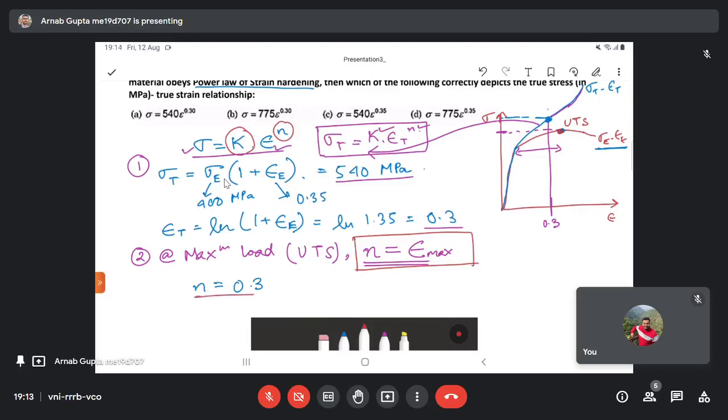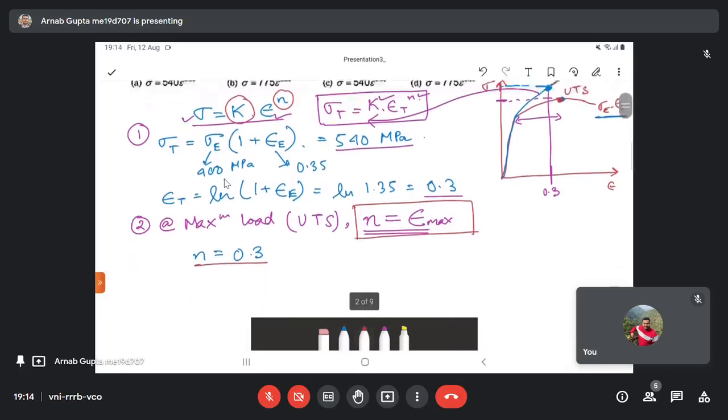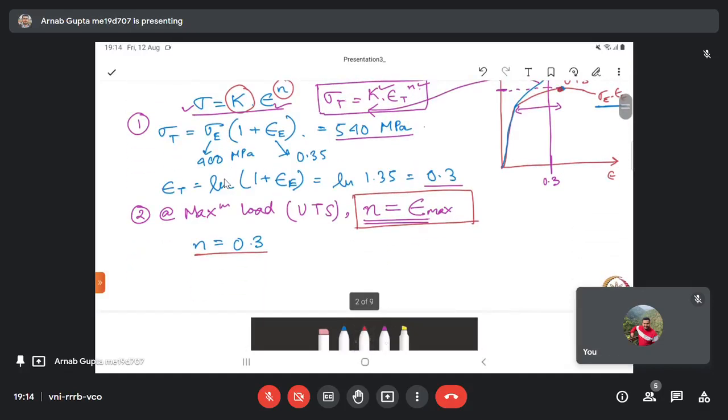So n is equal to 0.3. Substituting the value in this equation, we get 540 equal to k into 0.3 to the power 0.3. From this we will calculate k.